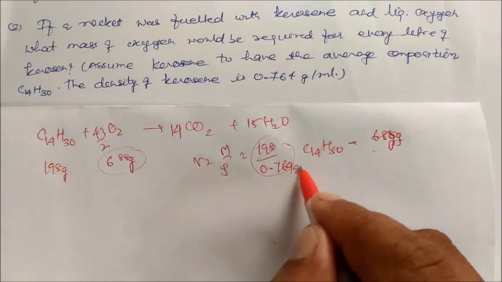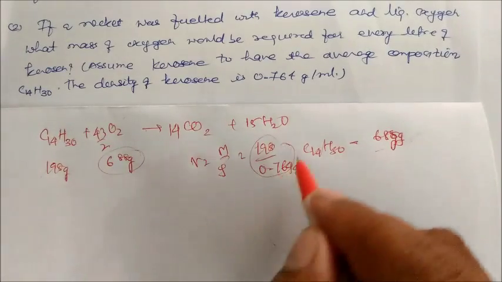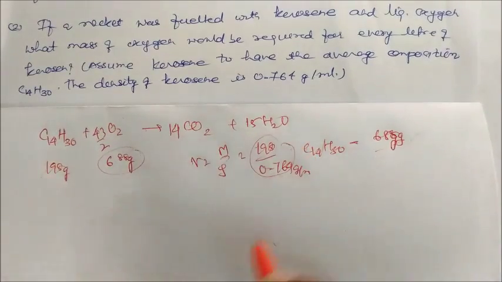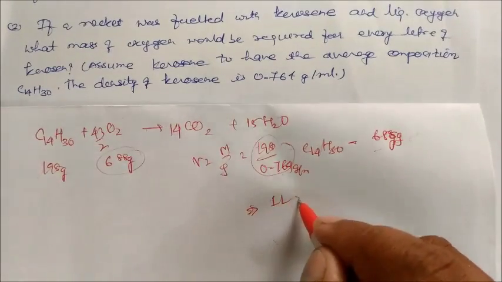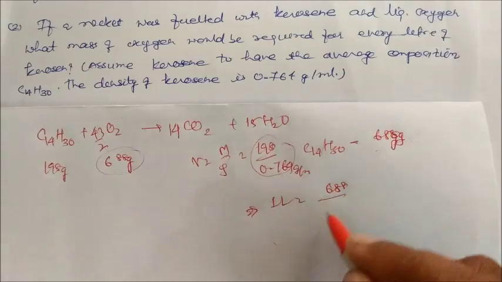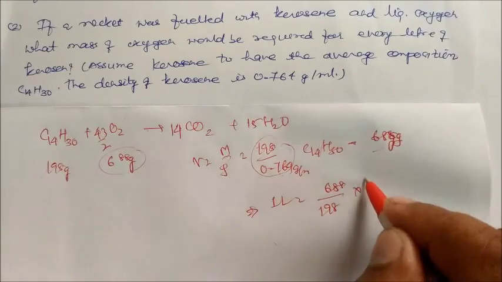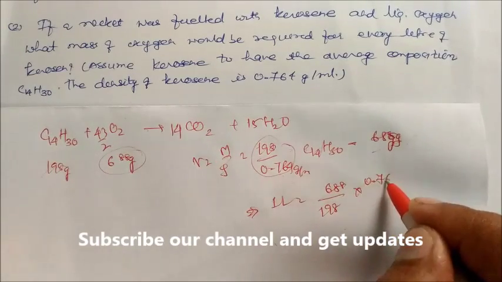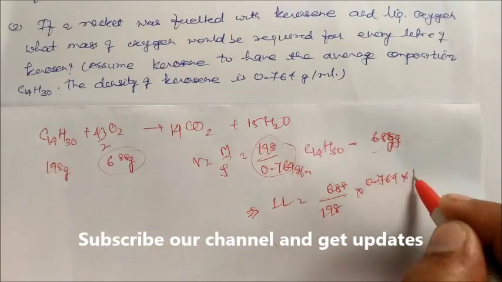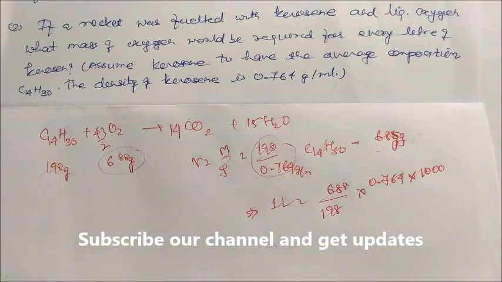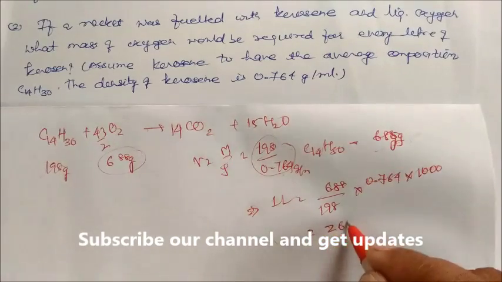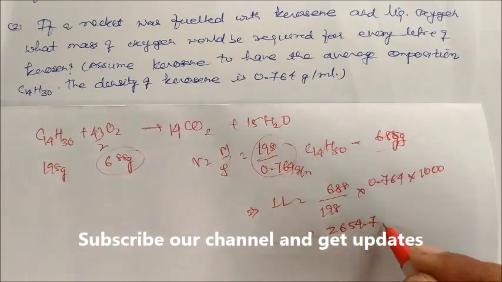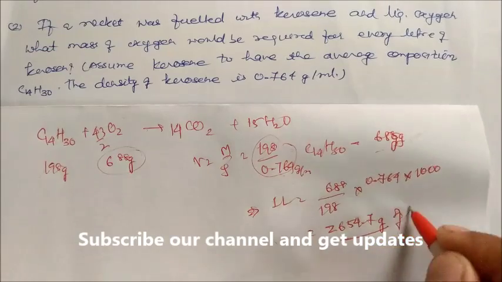This is gram per ml, so you have to multiply by 1000 to make it liter. So for 1 liter we require 688 divided by 198 into 0.764, and then again multiplied by 1000 to convert into liter. So you will get the answer 2654.7 gram of oxygen.